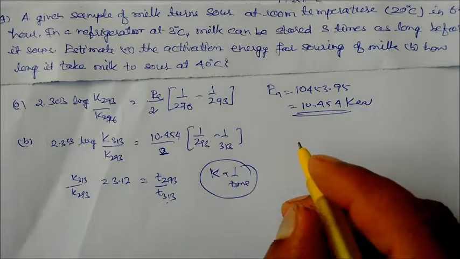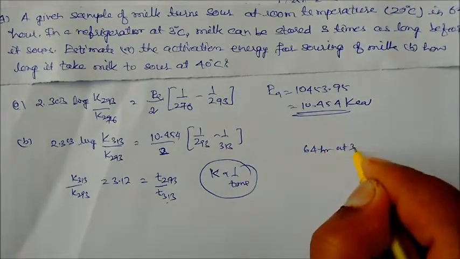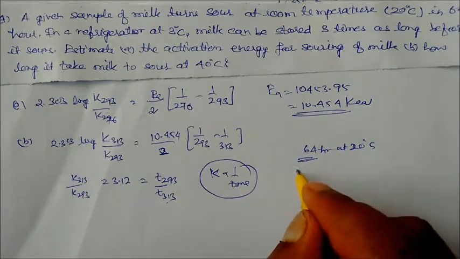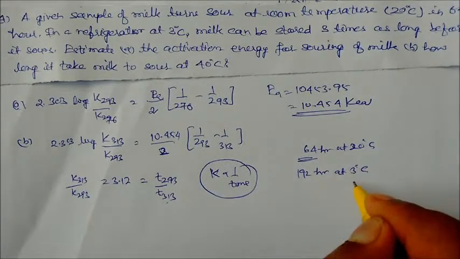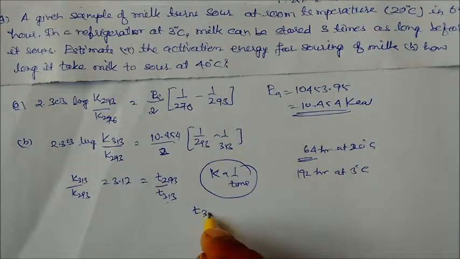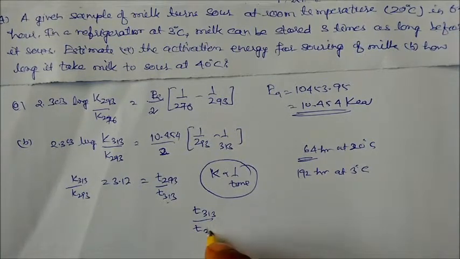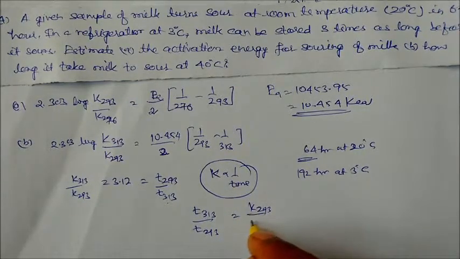So we can write the time at 313 divided by the time at 293 is equal to K at 293 divided by K at 313.